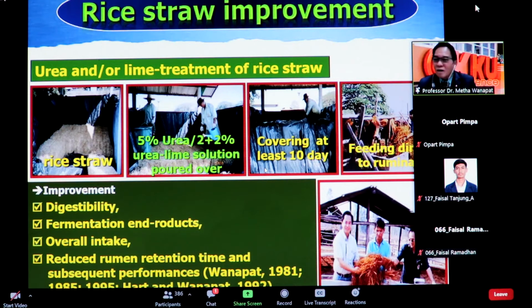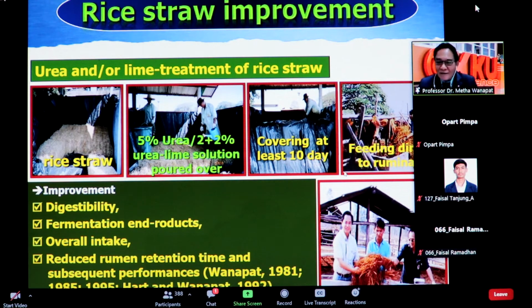By lowering it, we can add another chemical source. Here we can use lime, calcium hydroxide. In short, 2 by 2, urea and lime.